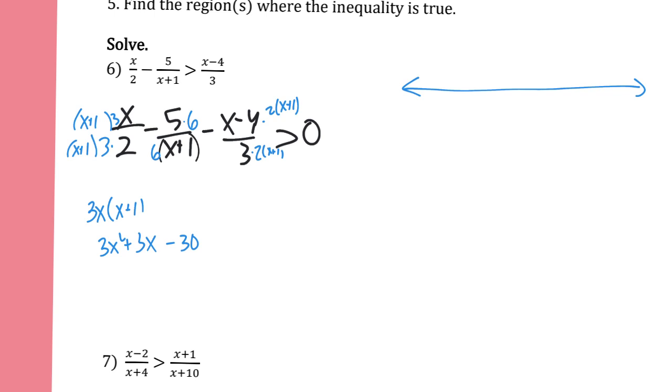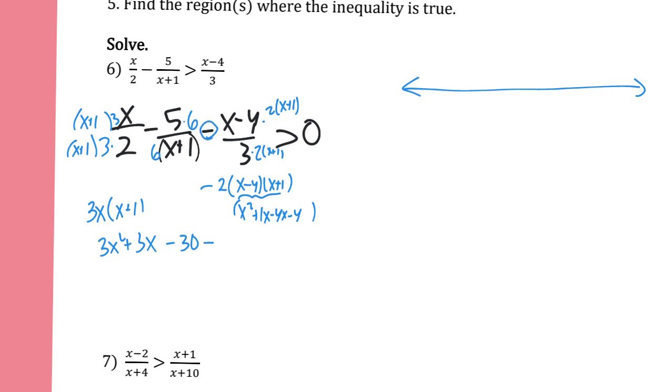We're going to do 2 times x minus 4 and x plus 1, and we're going to have to subtract it. So let's FOIL these out, and we get x squared, plus 1x minus 4x minus 4, and then we're going to distribute a negative 2. I'm distributing a negative because there's this negative sign right here.